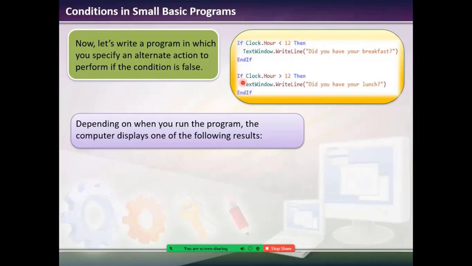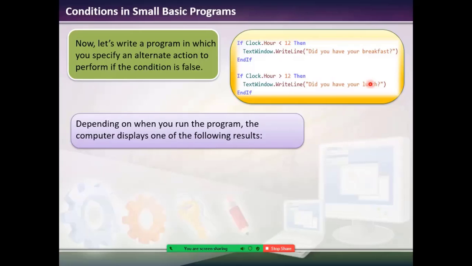Now another if structure. If the hour of the current time is greater than 12, then we should ask, did you have your lunch? So in the afternoon session, we should ask, did you have your lunch?